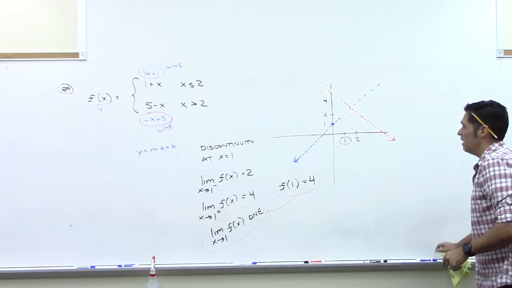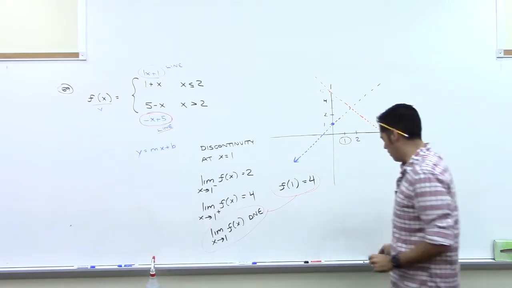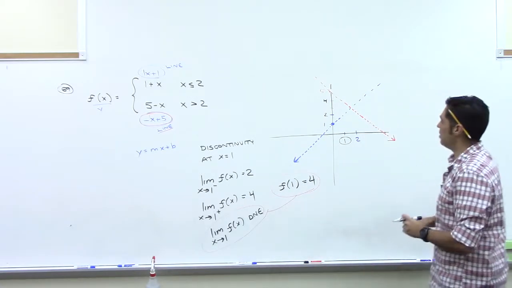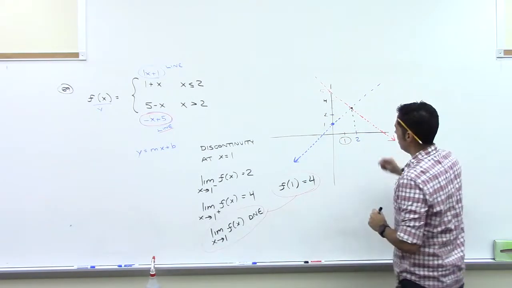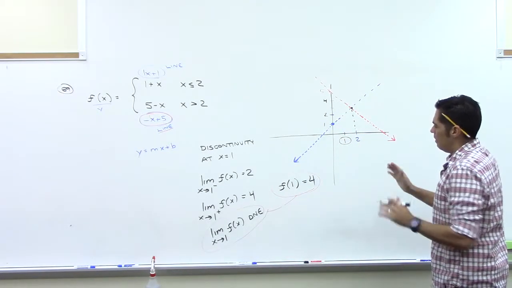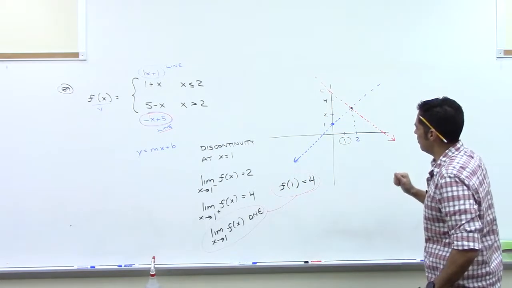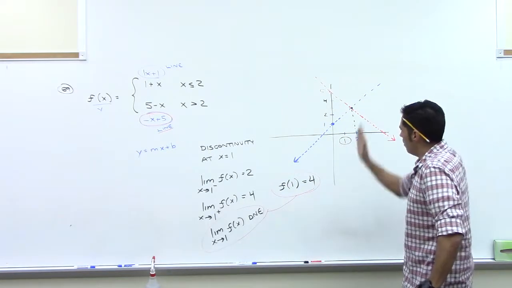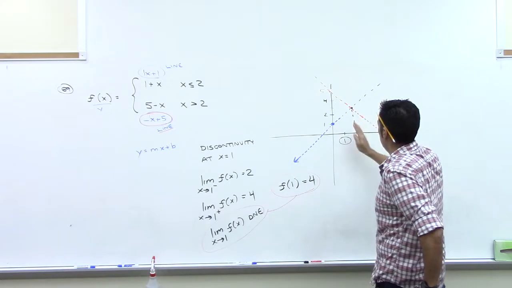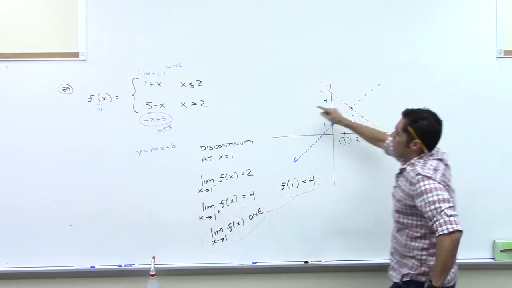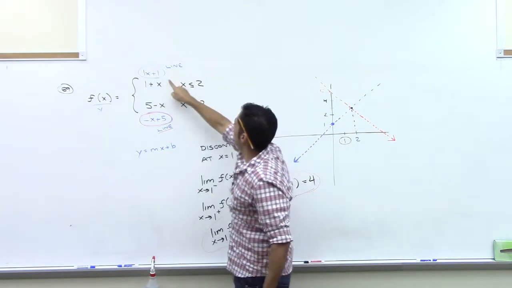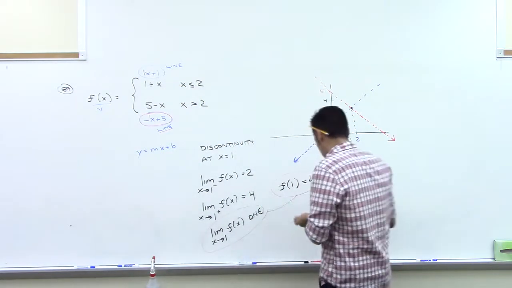Okay, now if you were to graph this on graph paper, you would be able to see that at 2 is where these two things meet. Now, I don't have graph paper up here, so it's a little harder, but if you were to do it on graph paper, you would see that everything lines up. So we know that these two lines intersect here. Now, I'm going to draw the blue one to the left of 2 this time.